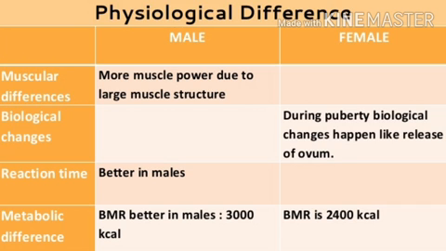BMR is better in males, approximately 3000 calories, and BMR in females is about 2400 calories. So it is also better in males in comparison to females.